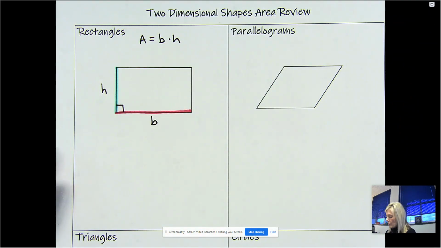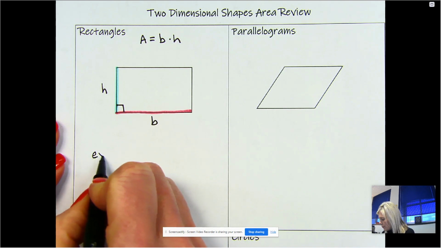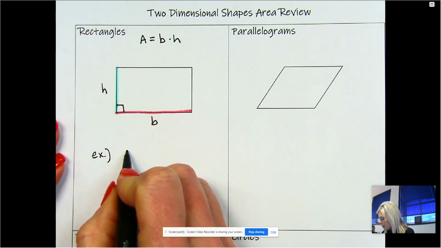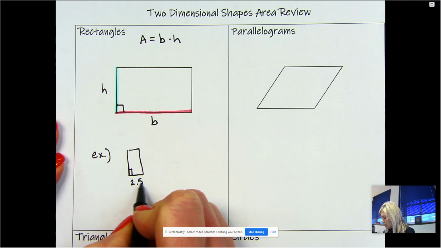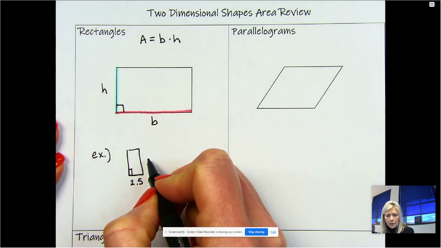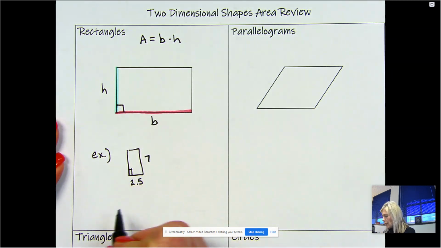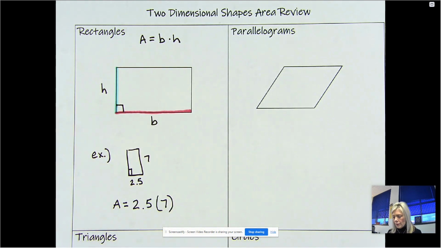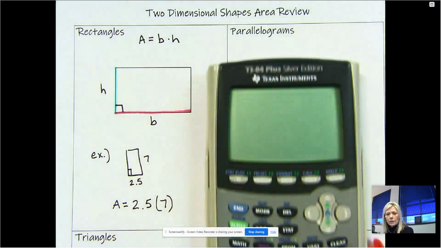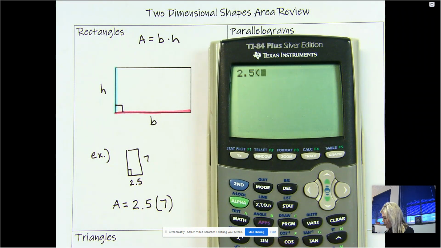So for example, if I have a rectangle, like, let's say it's like this, and it has a base of 2.5 and a height of, let's say, 7, then I would find the area by multiplying 2.5 by 7. 2.5 times 7 is 17.5.